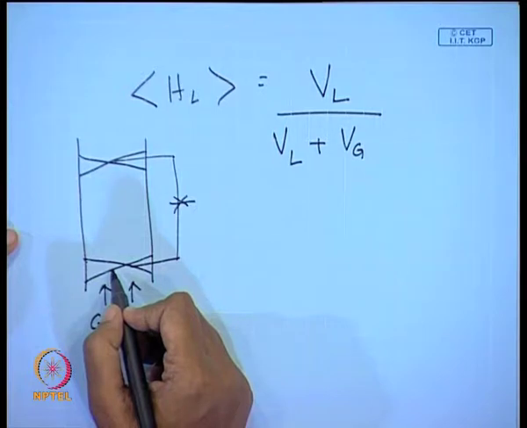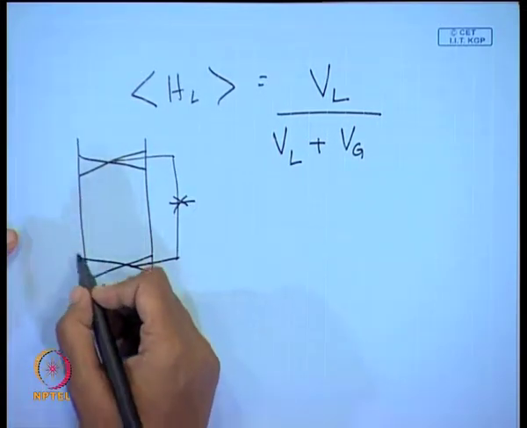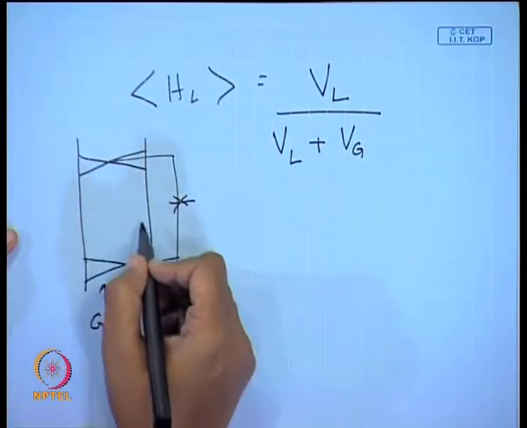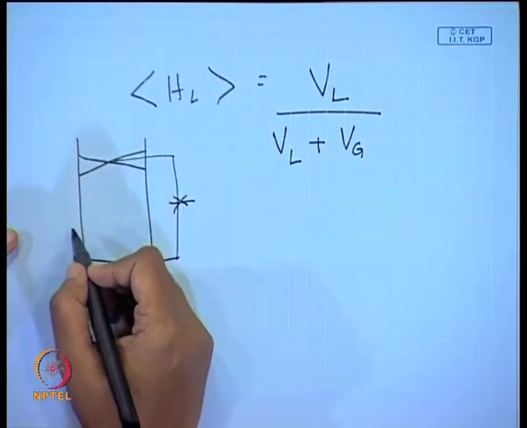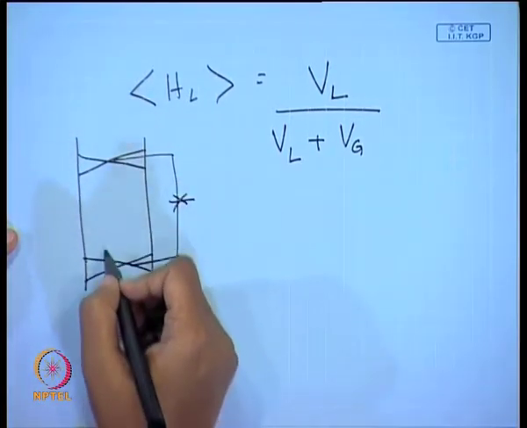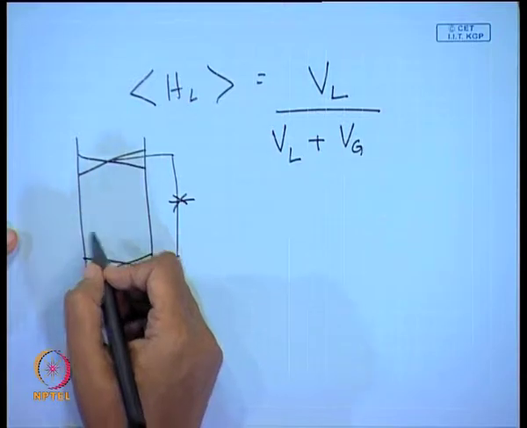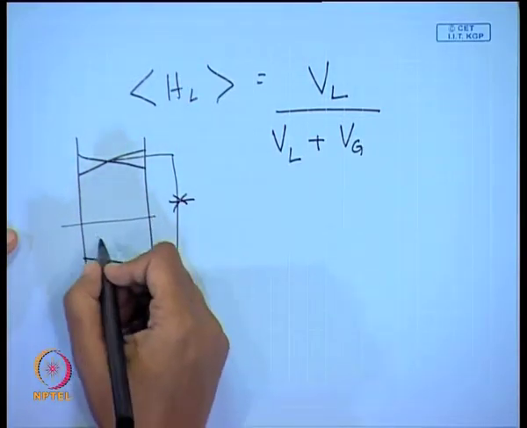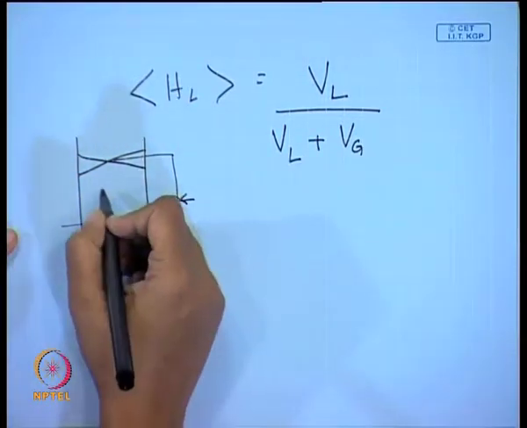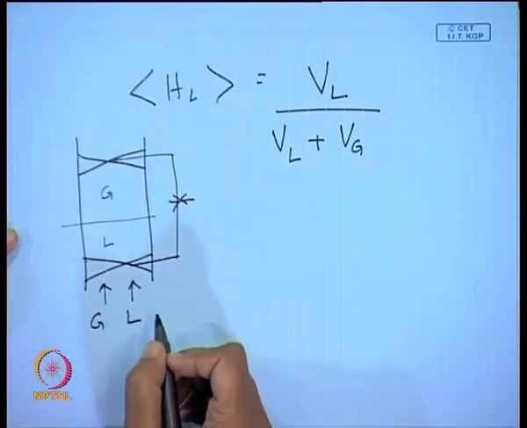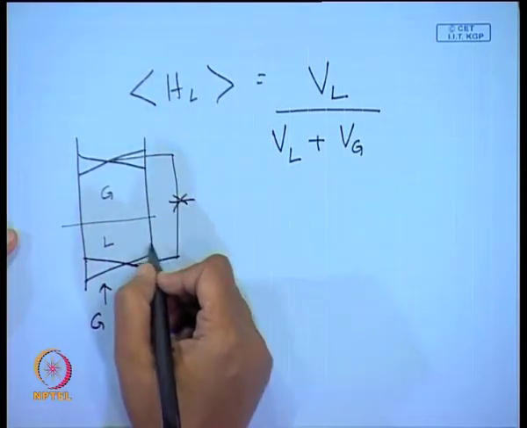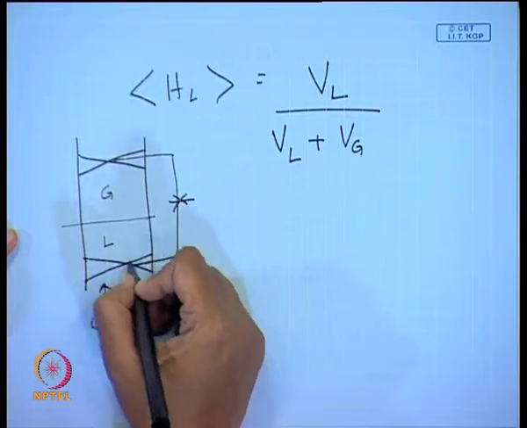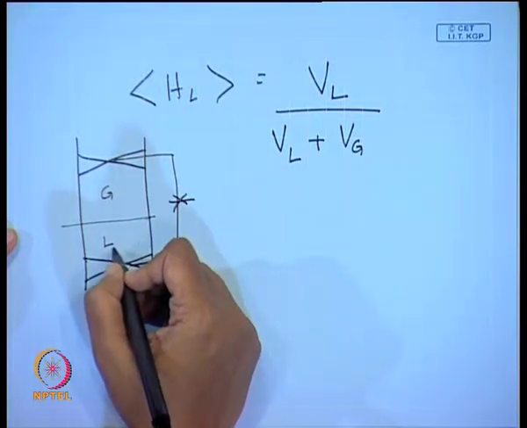Then in that case what happens? Instantaneously the two phase mixture gets trapped here, and then once they are trapped, they start separating due to density, and the heavier phase, if it is the liquid phase, settles down here, the gas phase is at the top. If we have a graph paper or something here, we can easily measure the amount of the volume which is occupied by the liquid phase.